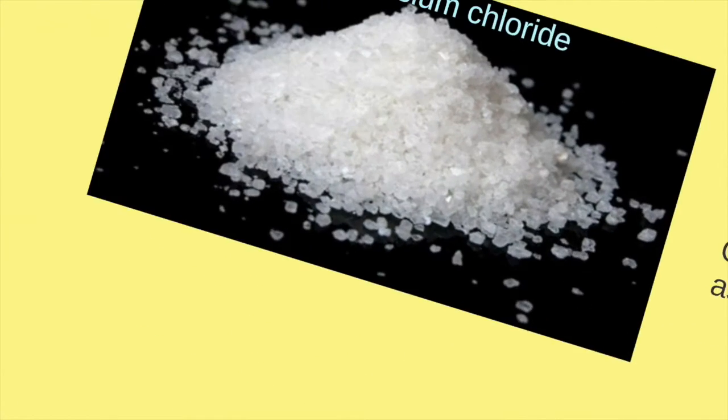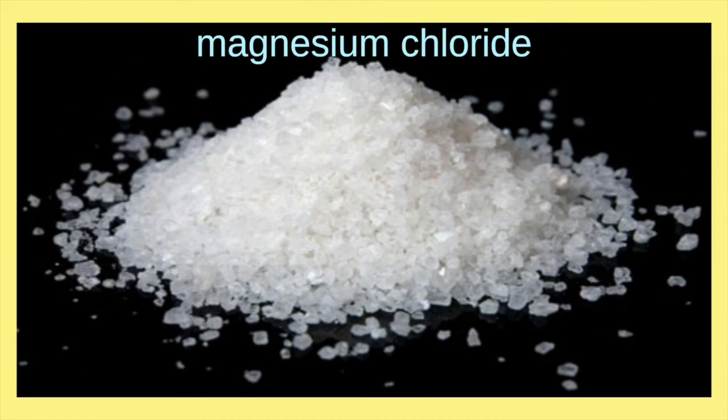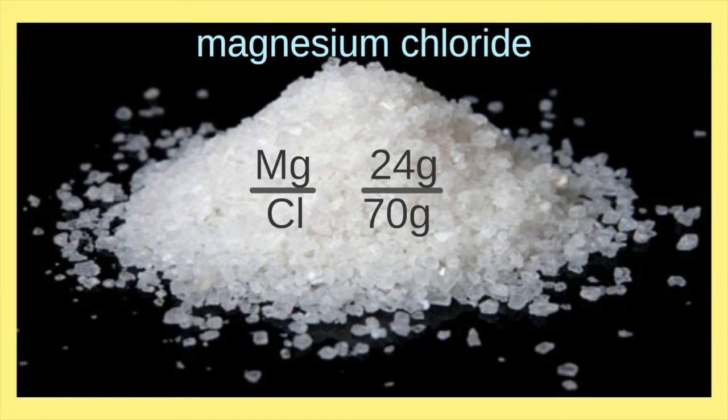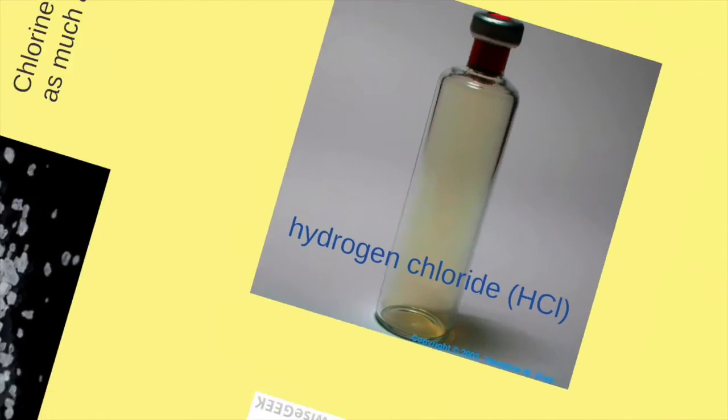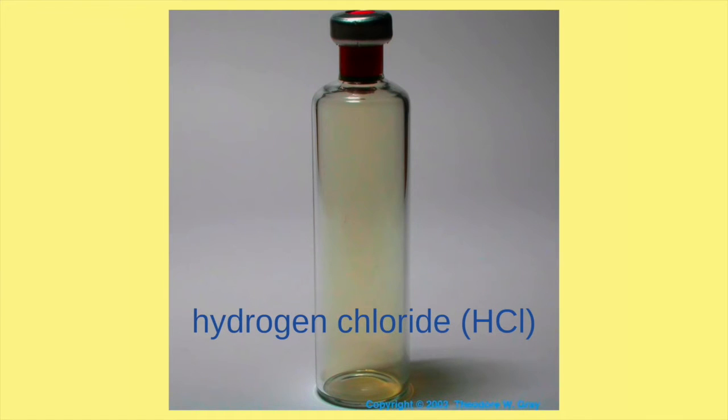Let's look at magnesium chloride. Here, you'll again find a constant ratio. This time, there will always be 24 grams of magnesium to approximately 70 grams of chlorine. One more example, hydrogen chloride. Here, you will have a mass ratio of 1 gram of hydrogen to 35 grams of chlorine. No matter how big your sample, this ratio will always be the same.